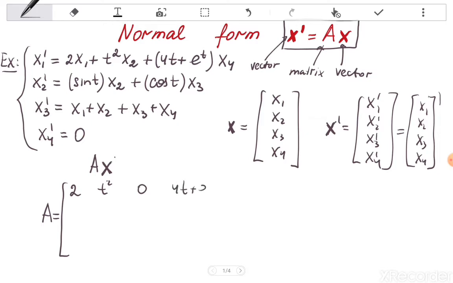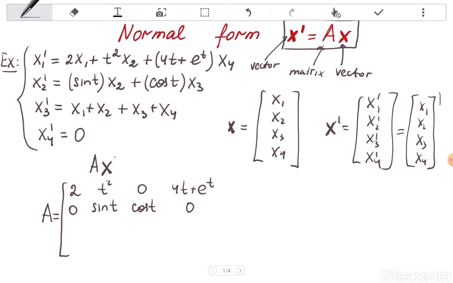And the coefficient of x4 is this function. The second line of the matrix, you go to the second equation and again you list the coefficients. The coefficient of x1 is not here, so it must be 0. For x2 this is sine t, x3 is cosine t, and x4 we don't have it here, so 0 again.